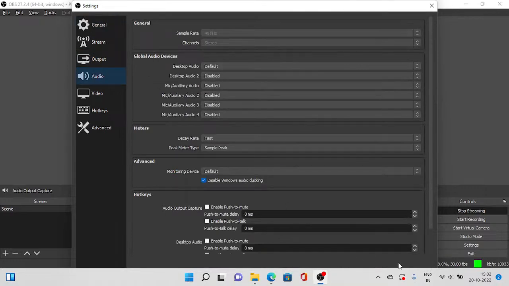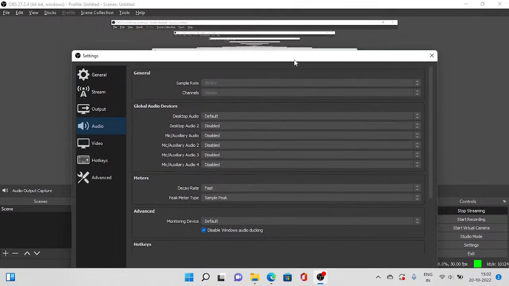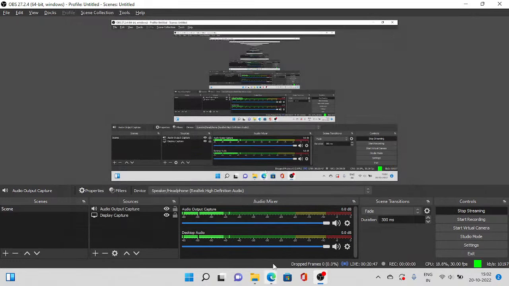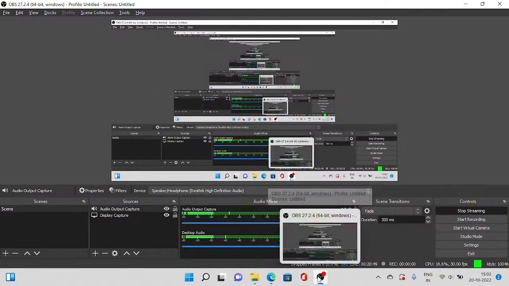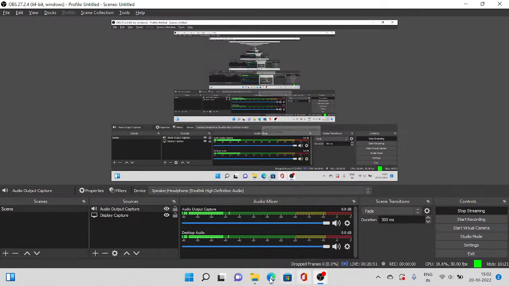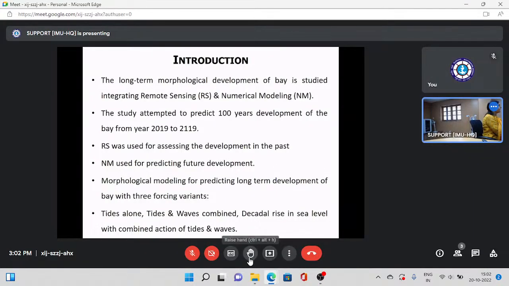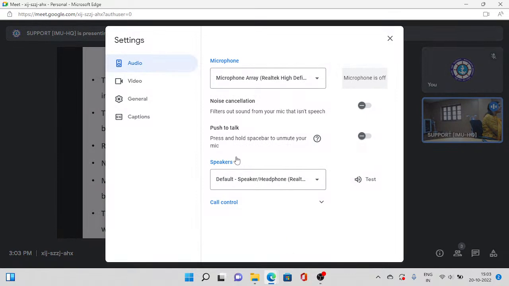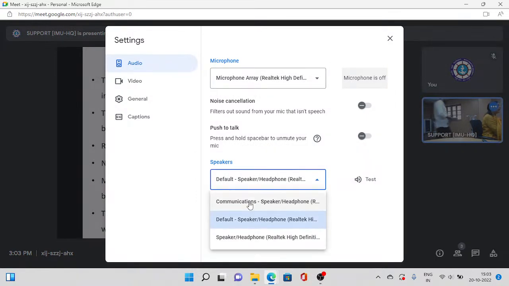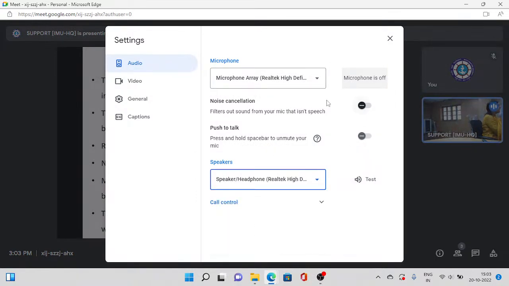I have studied hindcast modeling for validating my model. I have analyzed the historical images, the past images. Then, using numerical modeling, first I have hindcasted and validated my data. Then, numerical modeling is used for prediction of the future development of Kakinada Bay, from 2019 to 2119.